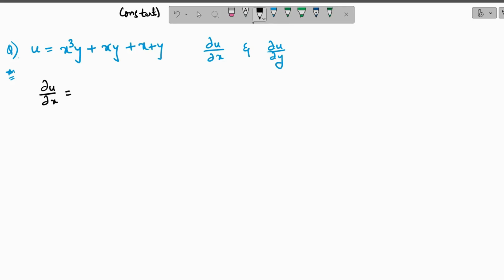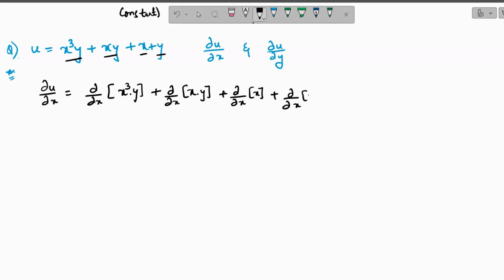Dou u by dou x is equal to, here we have four terms. In all four terms, x should be differentiated and y should be treated as constant. So x cube dot y plus dou by dou x of xy plus dou by dou x of x plus dou by dou x of y. Now, if you treat y as a constant, here what happens?